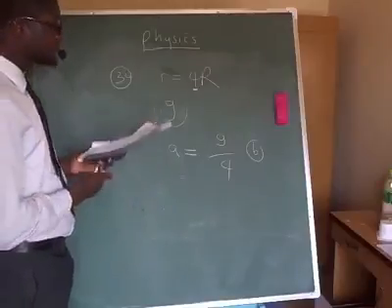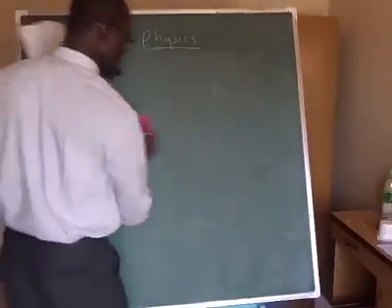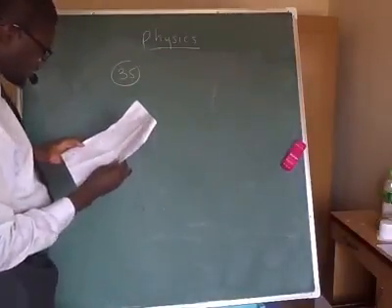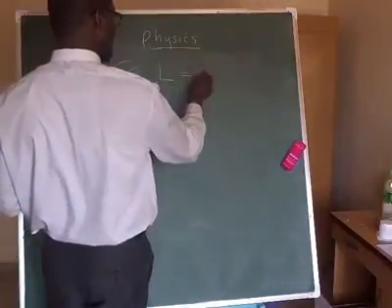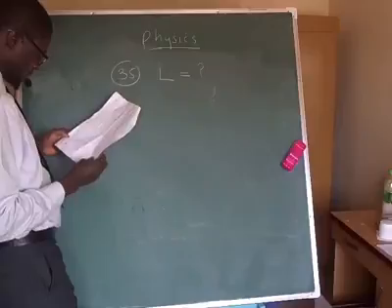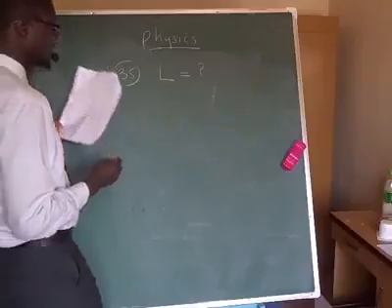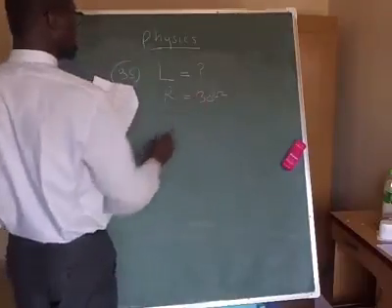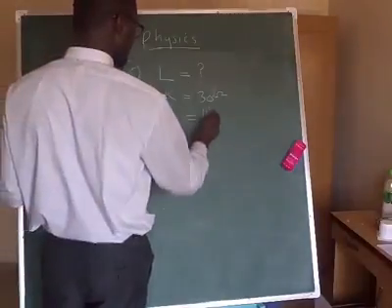Question 35 is also a calculation. Question 35 says calculate the inductance, which is capital L, of a coil of resistance 30 ohms connected to a 100 volt AC source, meaning my potential difference is 100 volts.